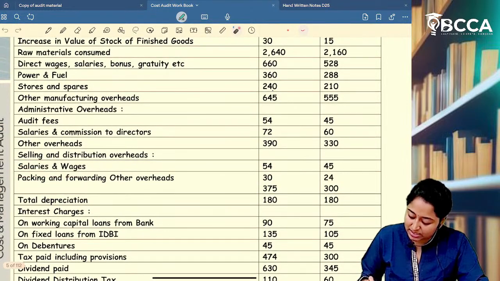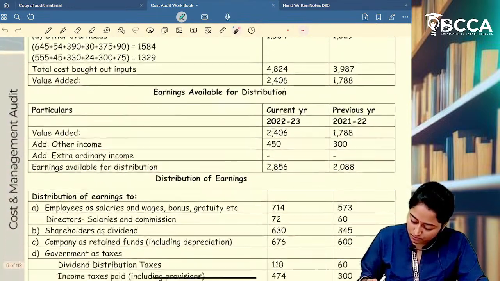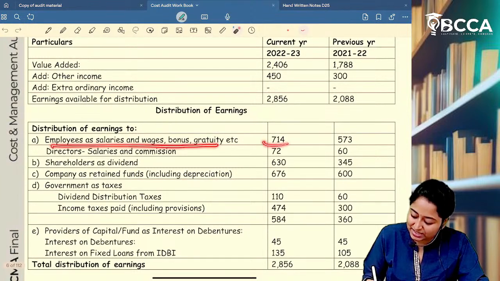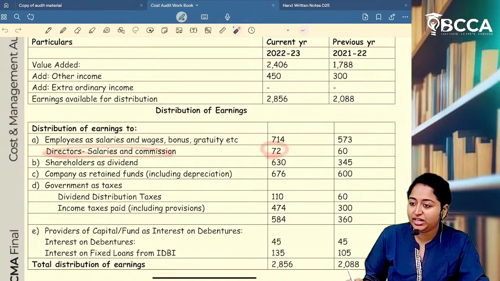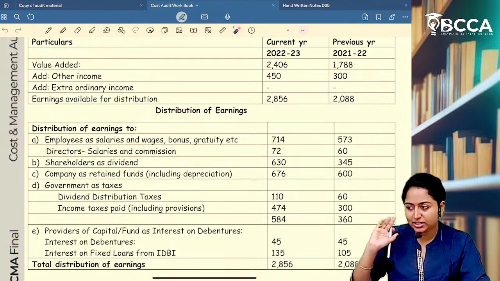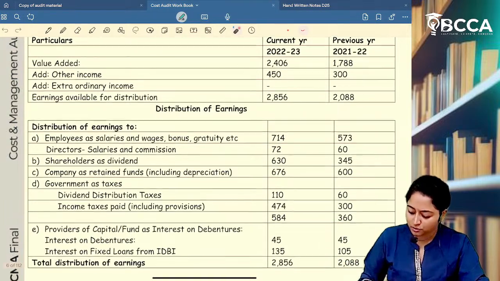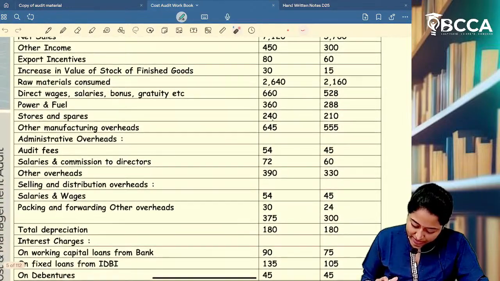How much is 660 and 54? First, employees as salaries and wages 714, and for directors, salaries and commission they have taken separately, but we have included all salaries and wages combined. You can write it in that way or in this way also. So 714 and 72 they have divided and written.